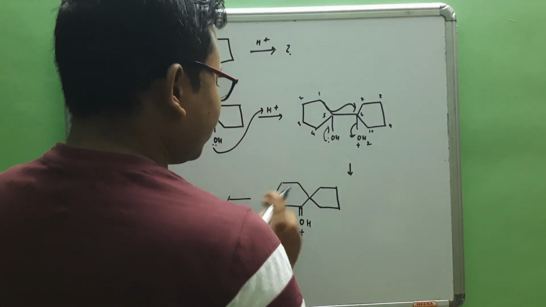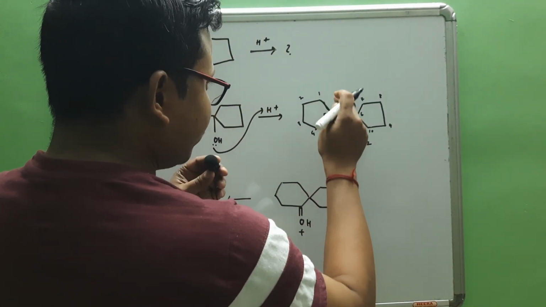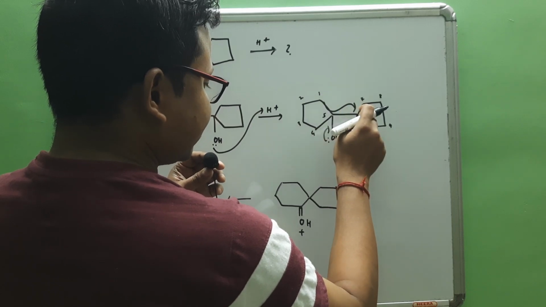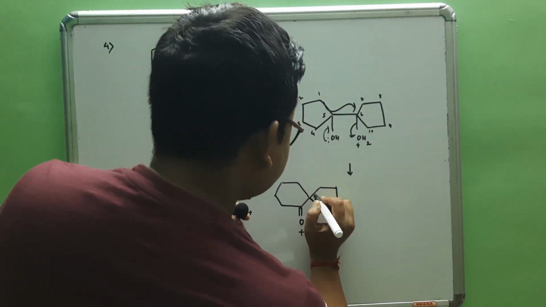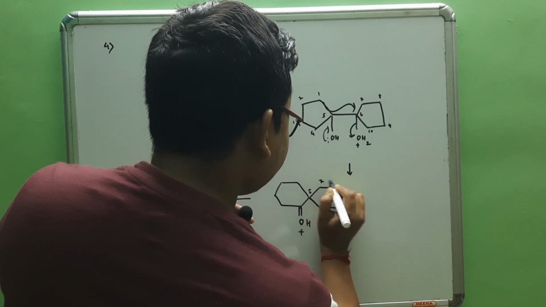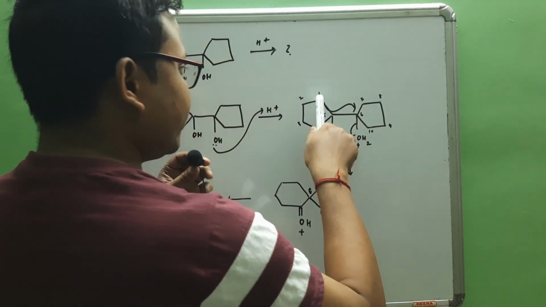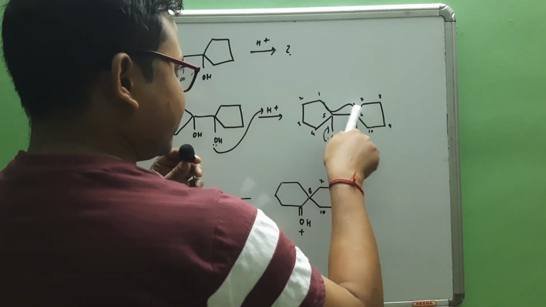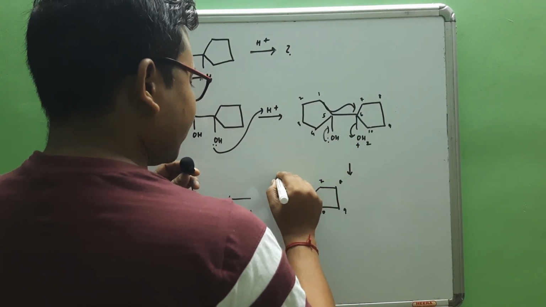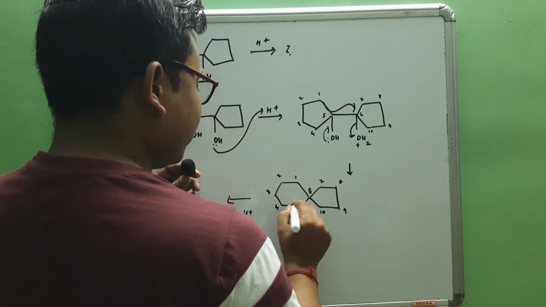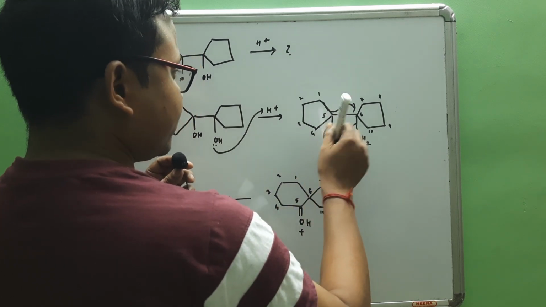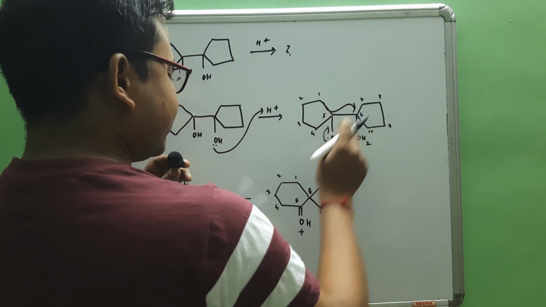So this is the first carbon atom. The new bond is established between the first carbon and the sixth carbon atom. This is the sixth carbon atom, this is 7th, 8, 9, 10. So a new bond between the first carbon atom and the sixth carbon atom. This is the first carbon atom, 2, 3, 4, 5, and the bond between the fifth carbon atom and 6, this bond.